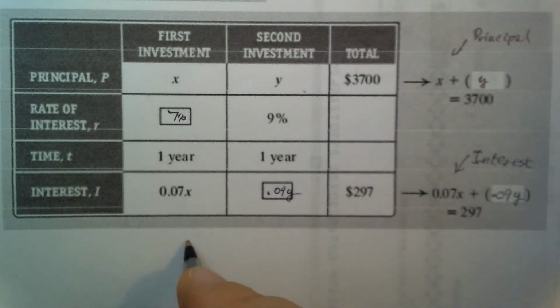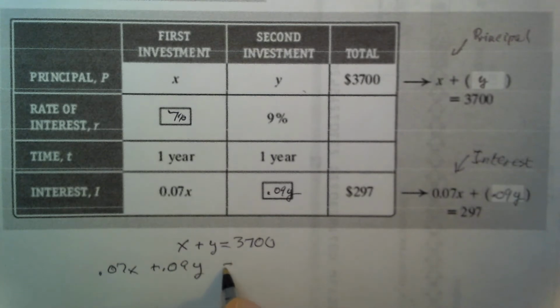So let's rewrite it so it's a little easier to see how we go about solving this. We have x plus y equals 3,700, and we have 0.07x plus 0.09y equals 297. Okay. So again, let's just use substitution.